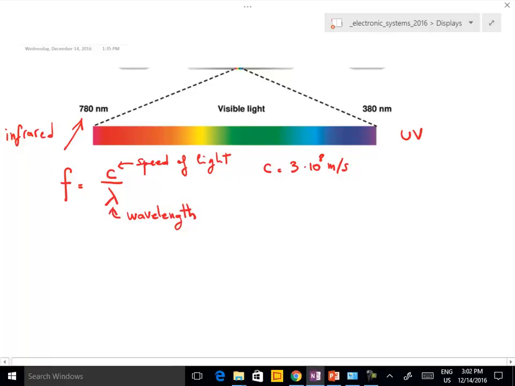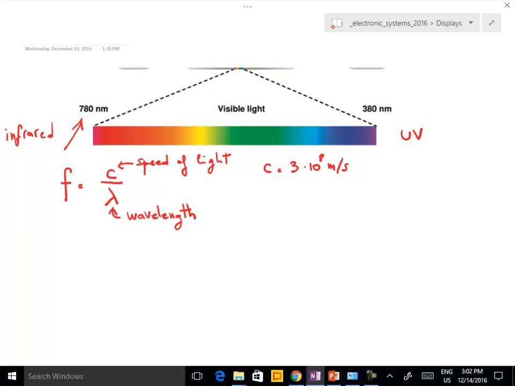Then from the frequency we can know the energy of each single photon. As you know, light consists of photons. There's this very well-known wave-particle duality in physics.